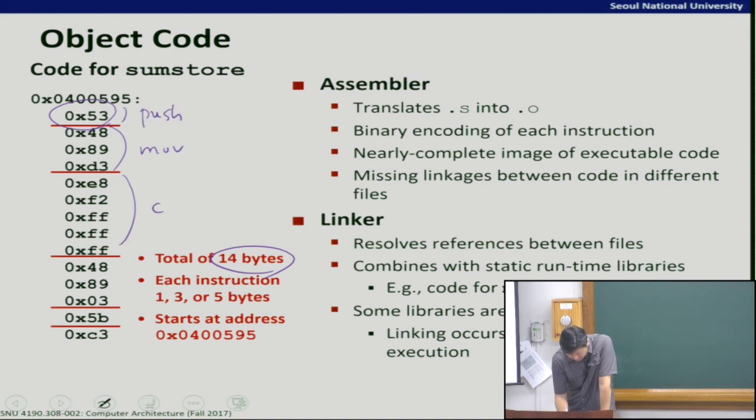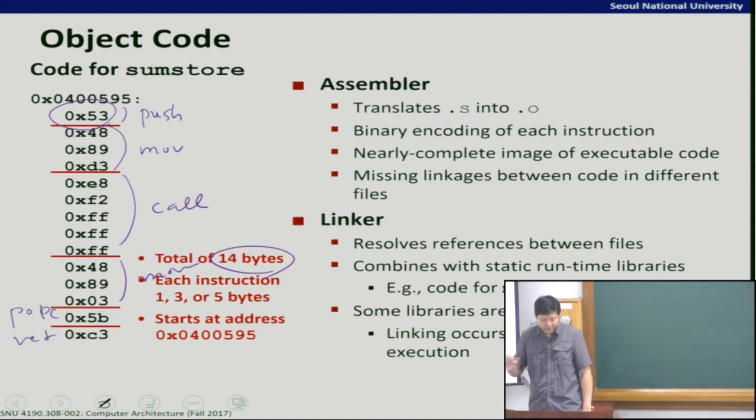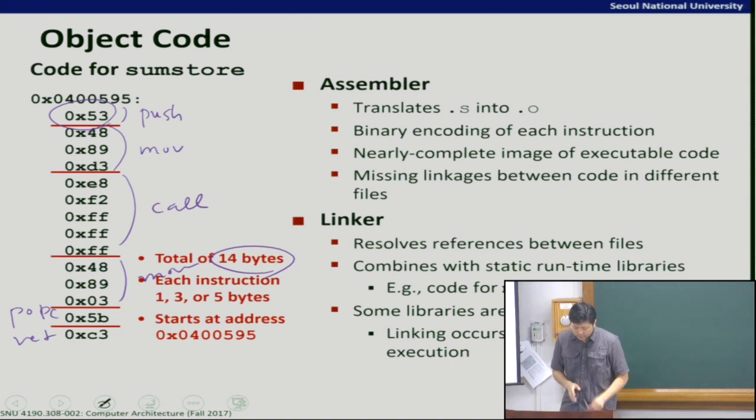This one is a call. This one is a move, and so on, right? And this one is a pop. And this is return. Okay, so assembly code is translated into this sequence of bits, ones and zeros. There exists a binary encoding for each instruction.